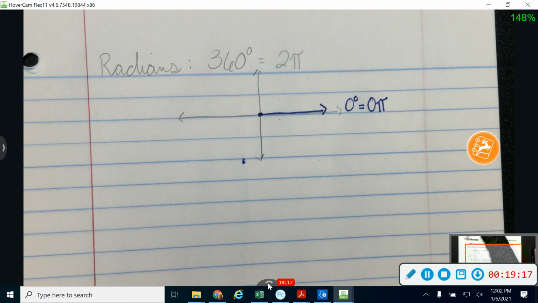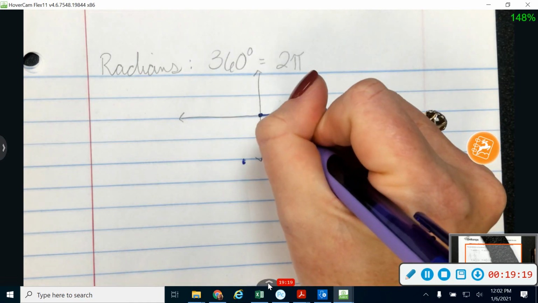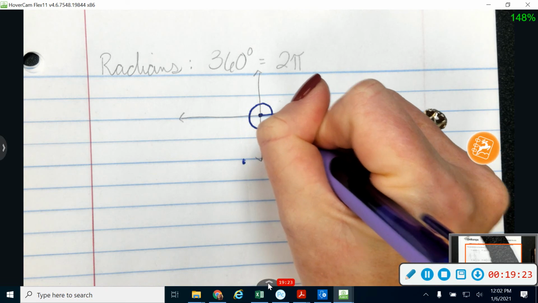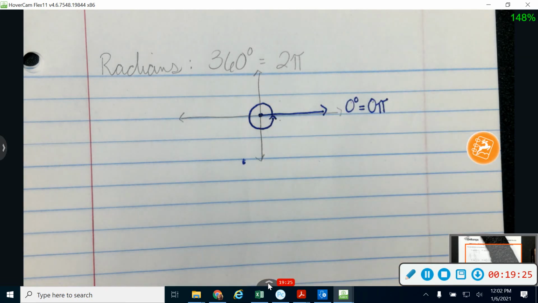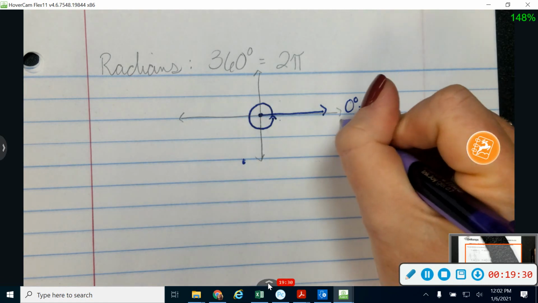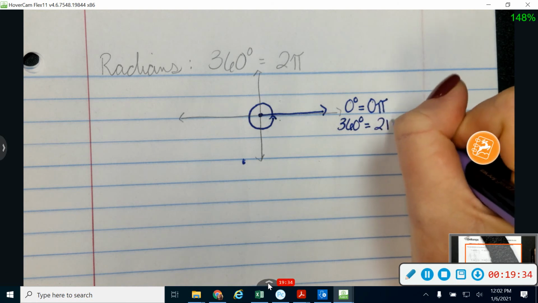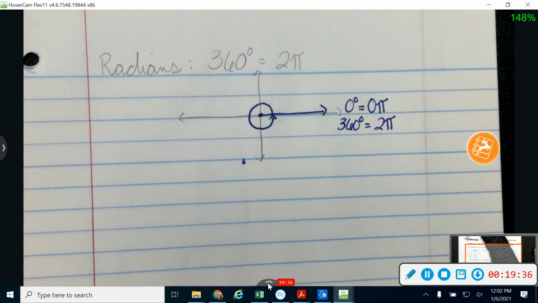Let's go all the way around counterclockwise and make the full circle, which is 360 degrees, or 2 pi in radians. So that angle can also be called 2 pi.